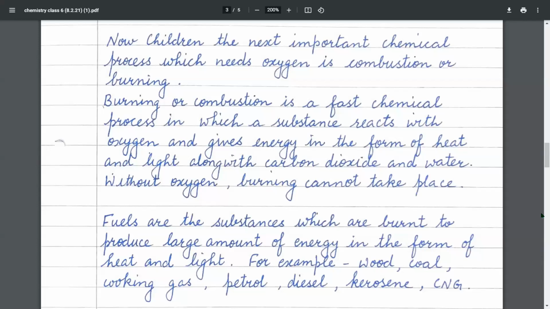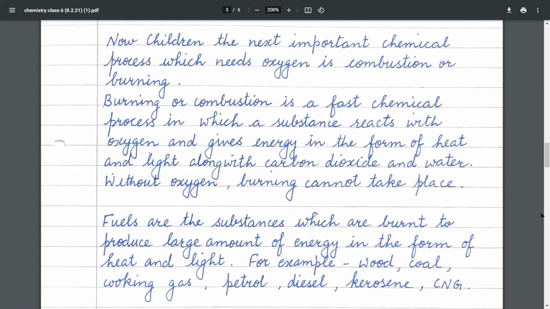Now, children, the next important chemical process which needs oxygen is combustion or burning. Burning or combustion is a fast chemical process in which a substance reacts with oxygen and gives energy in the form of heat and light along with carbon dioxide and water.